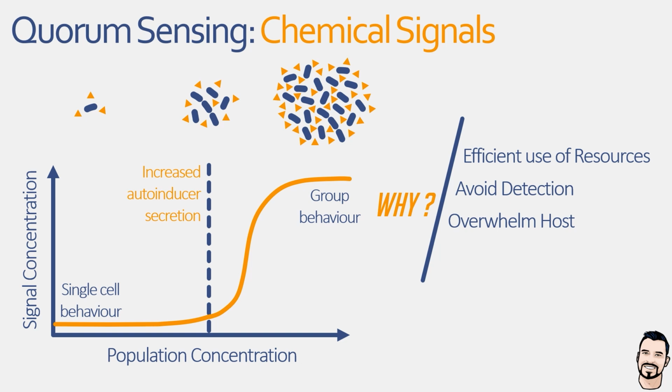Second, it helps bacteria evade host defenses. If virulence factors were expressed at low cell densities, they might trigger an immune response while the bacterial population is still too small to withstand it. And so by delaying activation until a critical mass is reached, bacteria can remain undetected until their numbers are large enough to pose a significant threat to the host. And finally, quorum sensing enables spatial coordination.